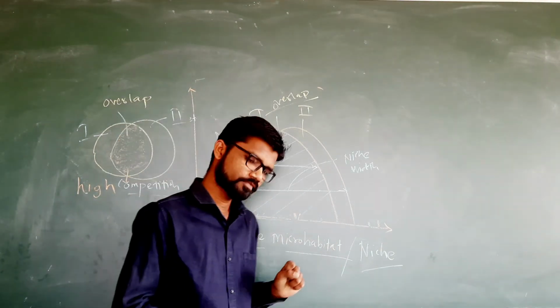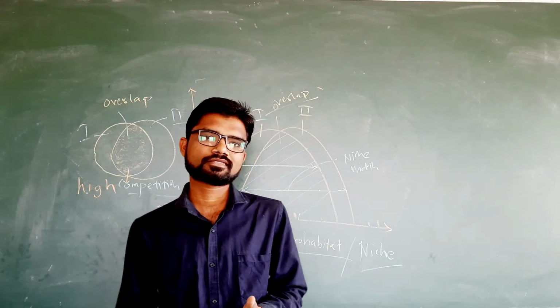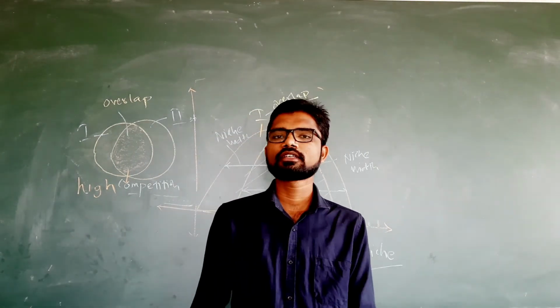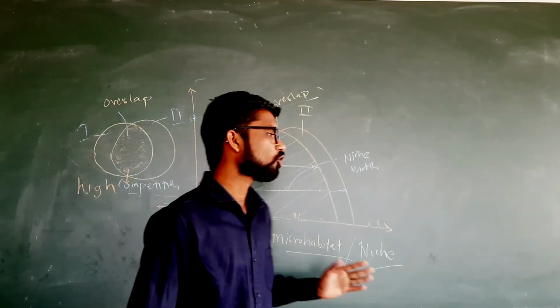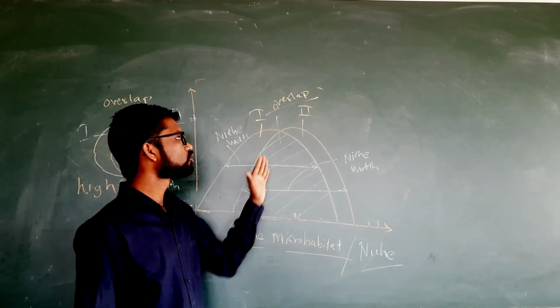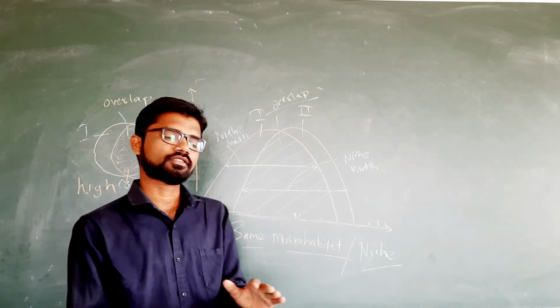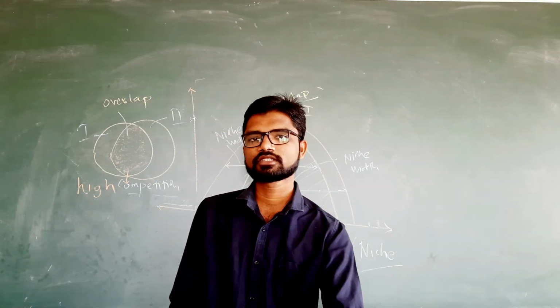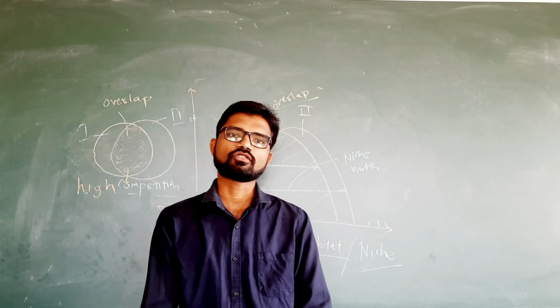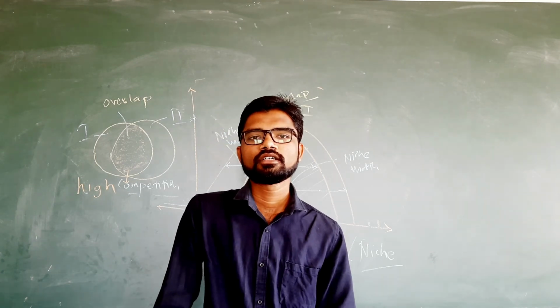There are two cases: where the competitors are few, the overlap is also low, and where the competitors are many, the overlap is also high. So that's why the niche width and niche overlap are very well described there.